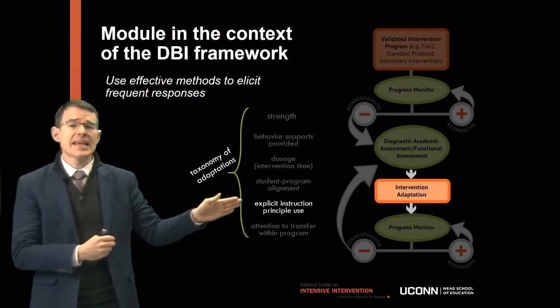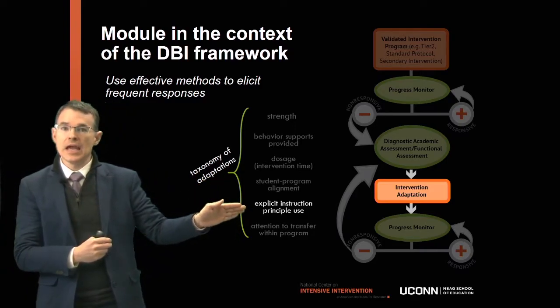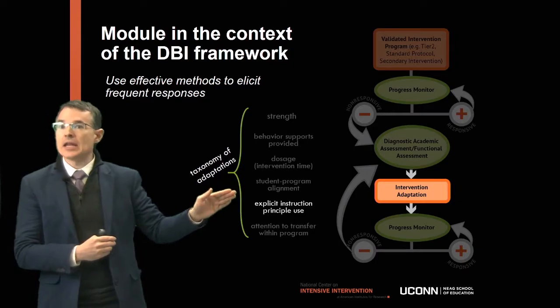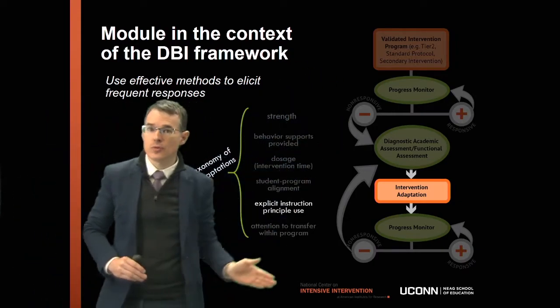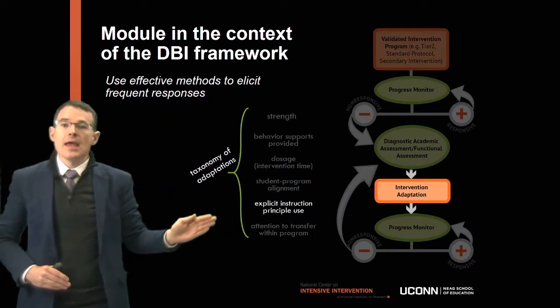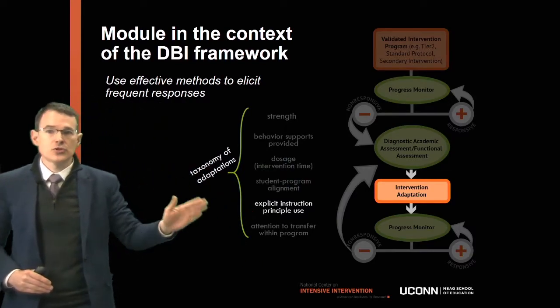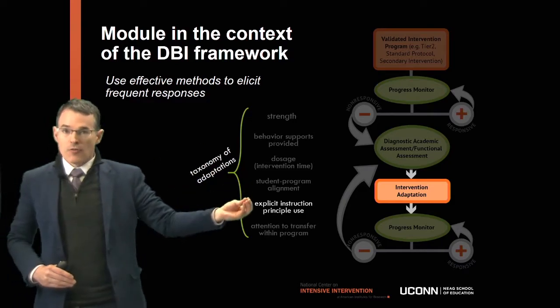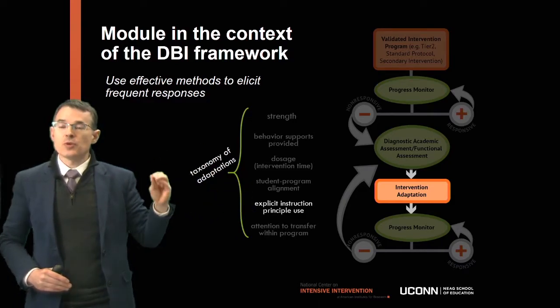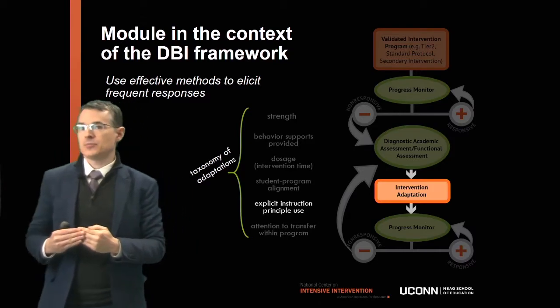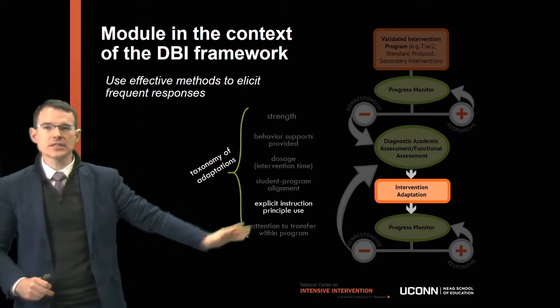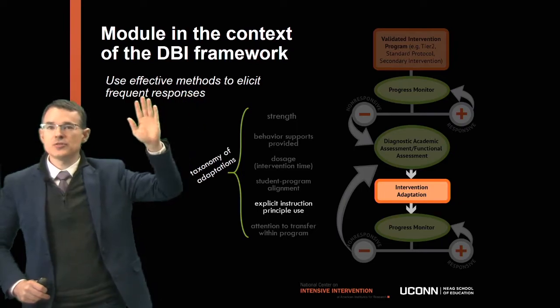And we can do this even if we're already working with students in a secondary prevention program, which we should be when we have one, which hopefully is most of the time. Sometimes programs don't always do a great job of providing those explicit instruction principles, and we need to improve that. And one thing that often happens in programs is they're not particularly explicit about the effective methods you might use to elicit responses.